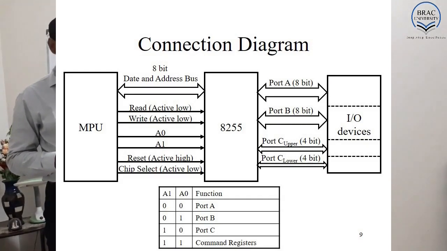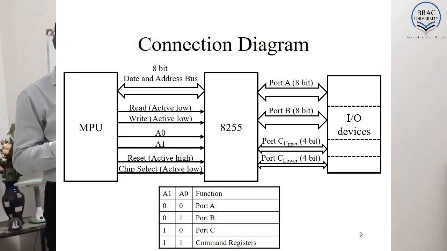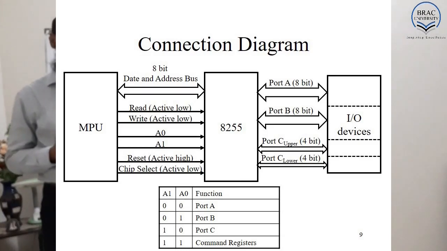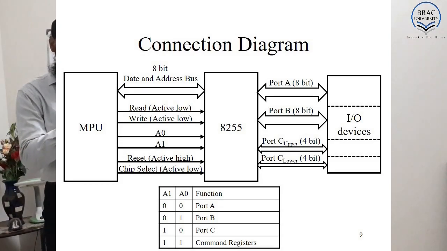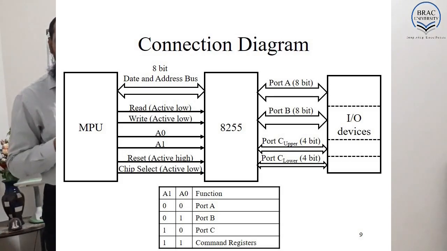On the right side, there are three ports: Port A, Port B, Port C. And it also communicates with the microcontroller unit, the microprocessing unit. All these ports are 8-bit. Each port is an 8-bit port.